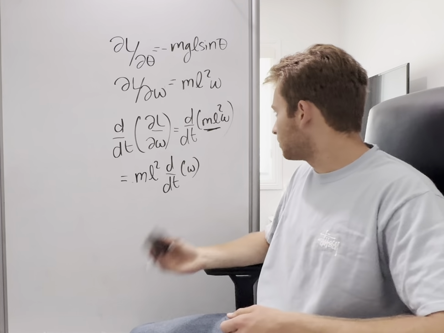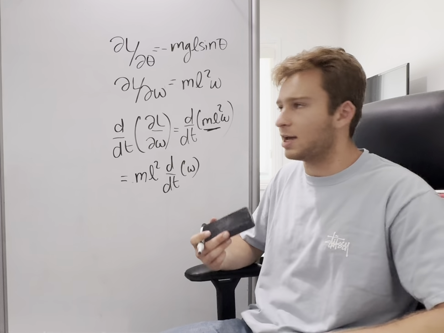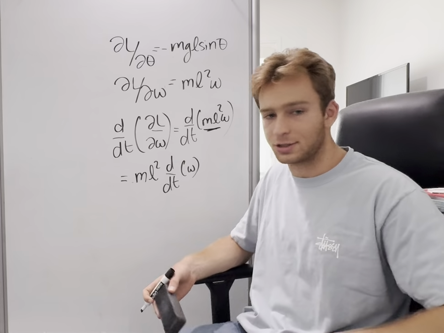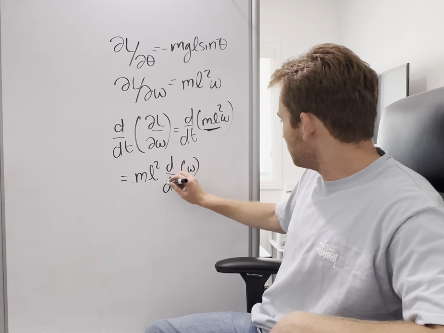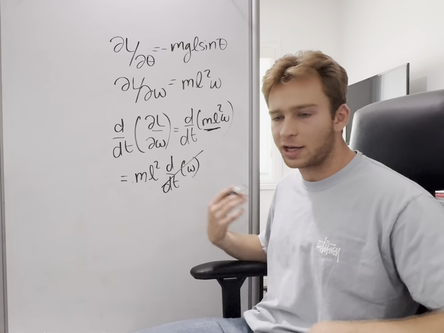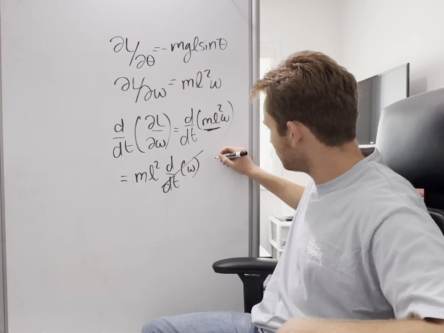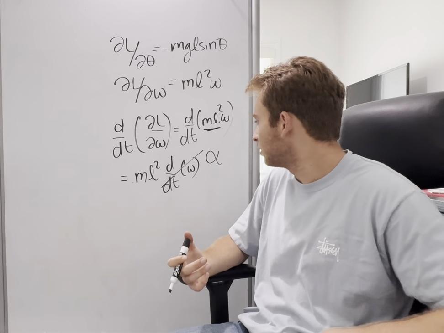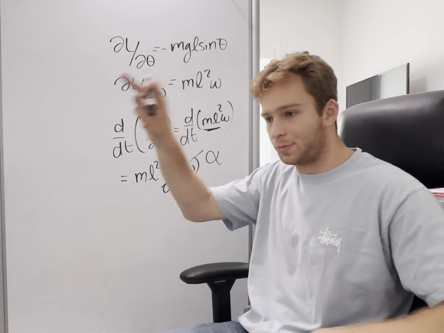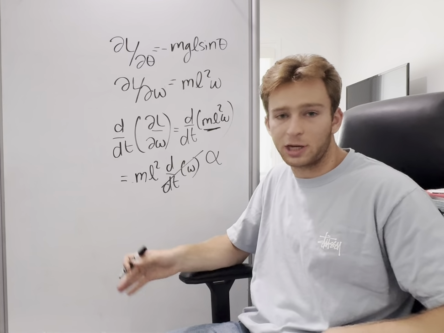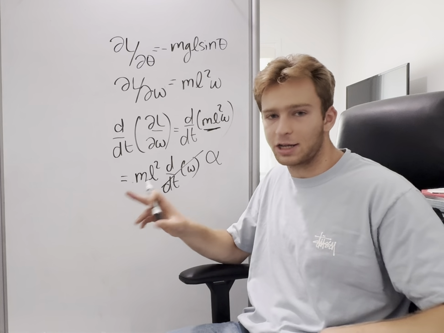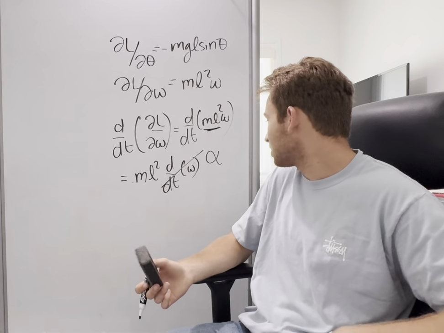Now, for anyone who has taken a classical mechanics course or anything involving rotational mechanics, it would follow that d by dt of omega is a quantity we call alpha. Alpha is the angular acceleration of something rotating. Sorry, orbiting is a more specific case.